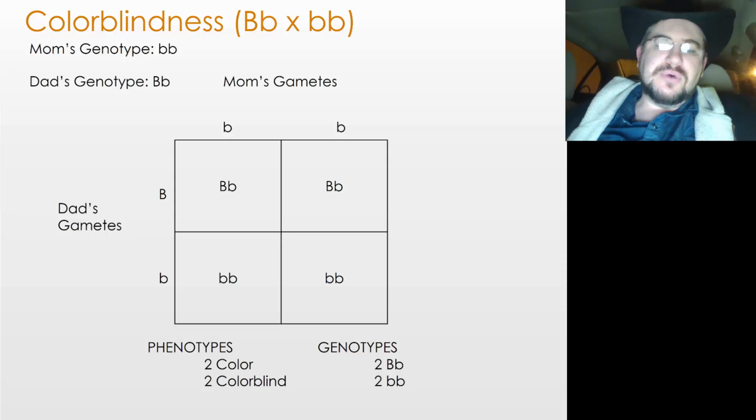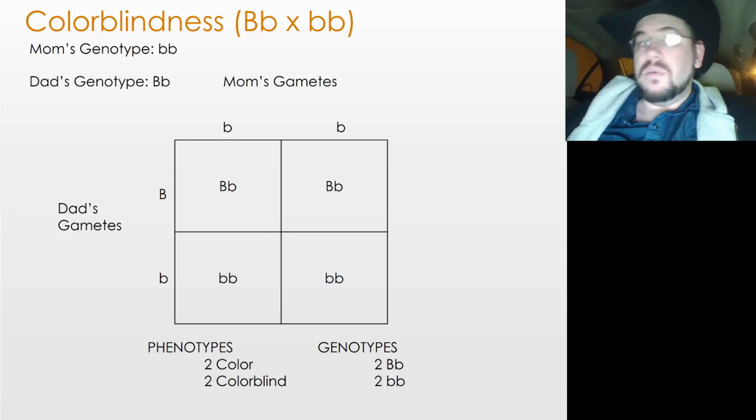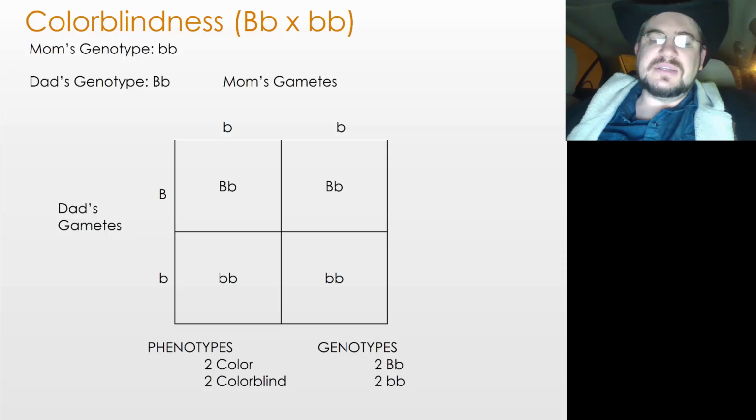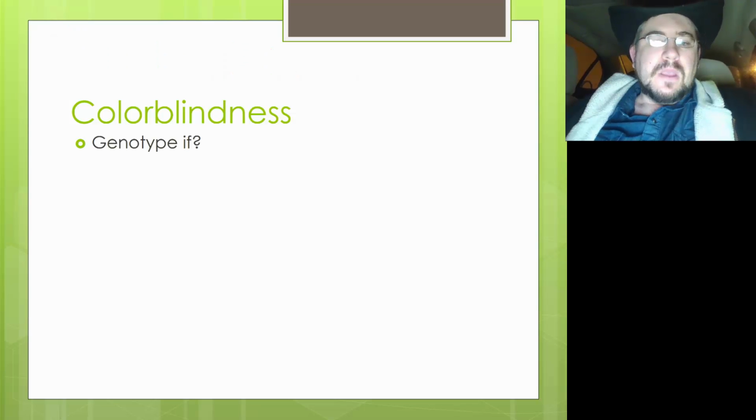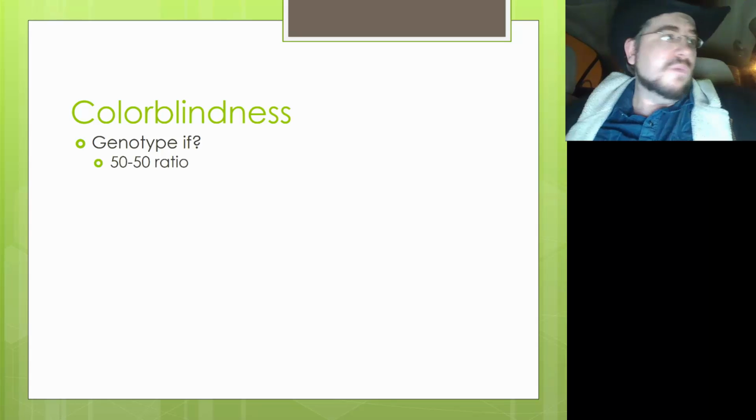We would have 2 offspring that have color vision and 2 colorblind offspring with that same 2-to-2 ratio, or 1-to-1 if you like to reduce, of the genotypes as well. 2 heterozygous to 2 homozygous recessive. Okay, so knowing these, what if I told you that a cross would result in a 50-50 ratio? What would be Dad's genotype?